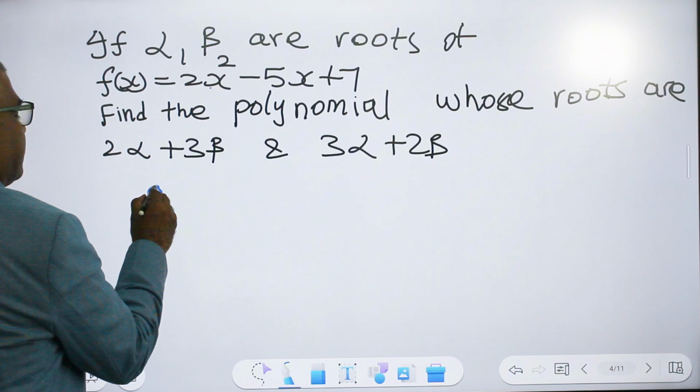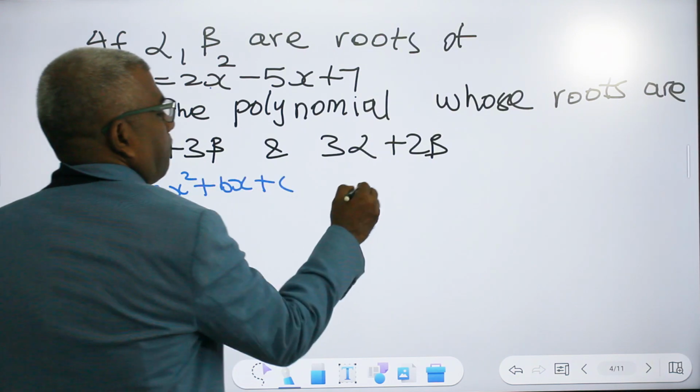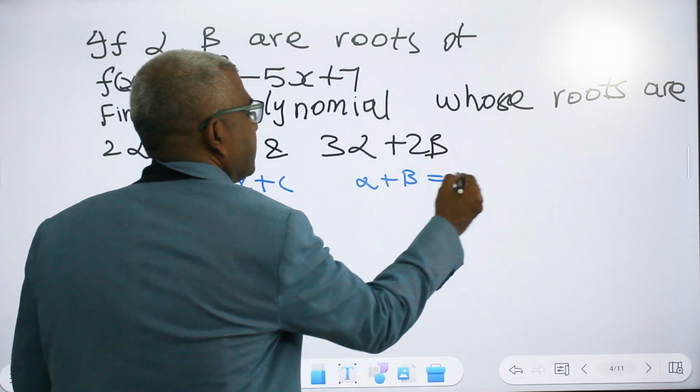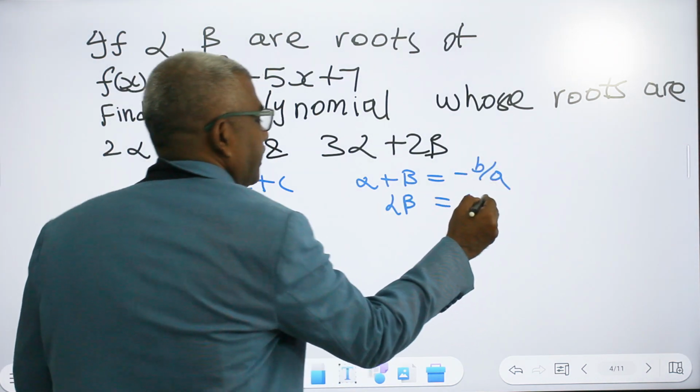If it is ax squared plus bx plus c, it means alpha plus beta is minus b by a, alpha beta is c by a.